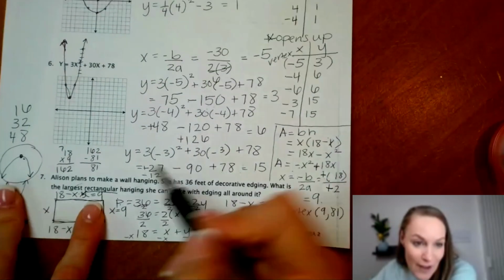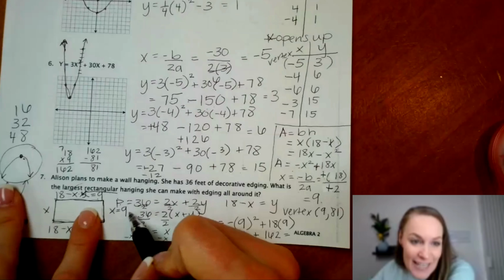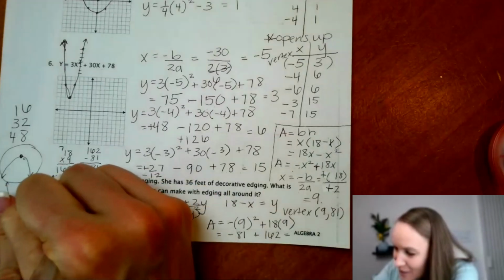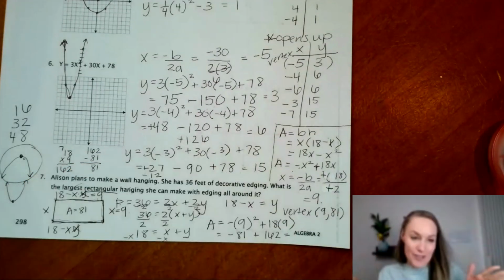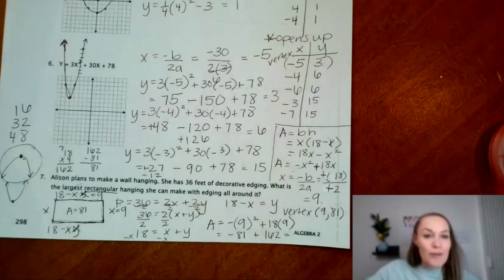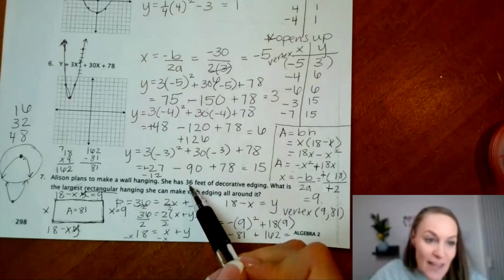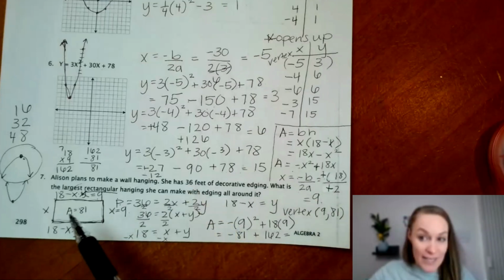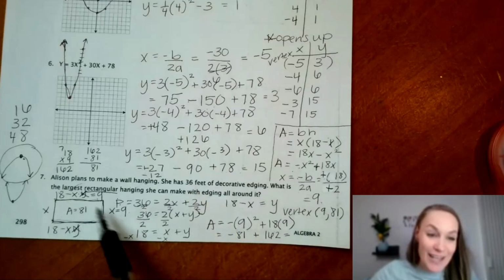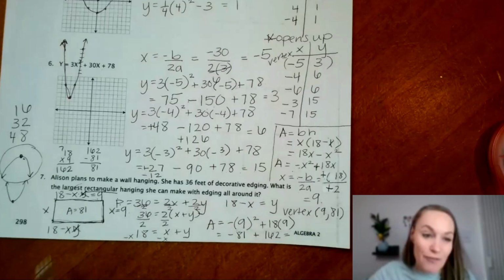And that's not surprising because I also could have found it with the sides. 9 times 9 is 81. So I also could have done it that way. So if I have 36 feet of decorative edging, then the biggest rectangle, which is actually a square that I can make, has 81 square feet and 9 on each side.